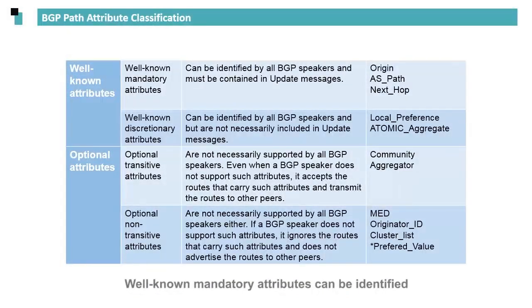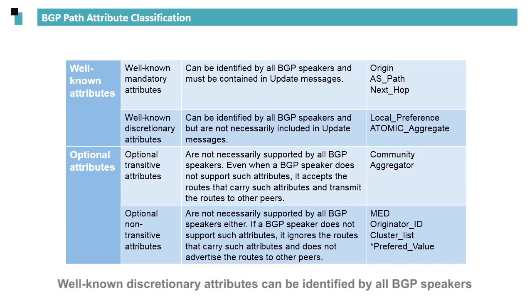Well-known mandatory attributes can be identified by all BGP speakers and must be contained in update messages. Such attributes include origin, AS path, and next hop. Well-known discretionary attributes can be identified by all BGP speakers but are not necessarily included in update messages. Such attributes include local preference and atomic aggregate.